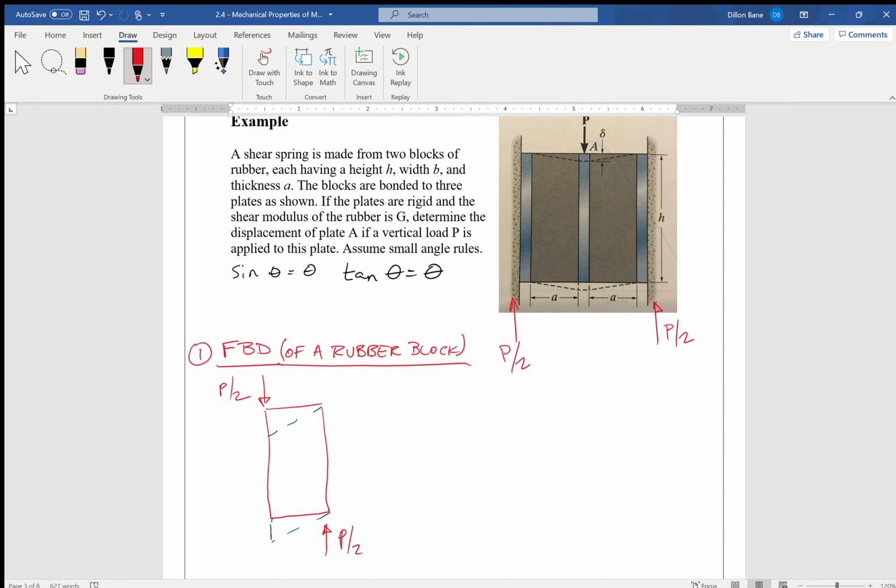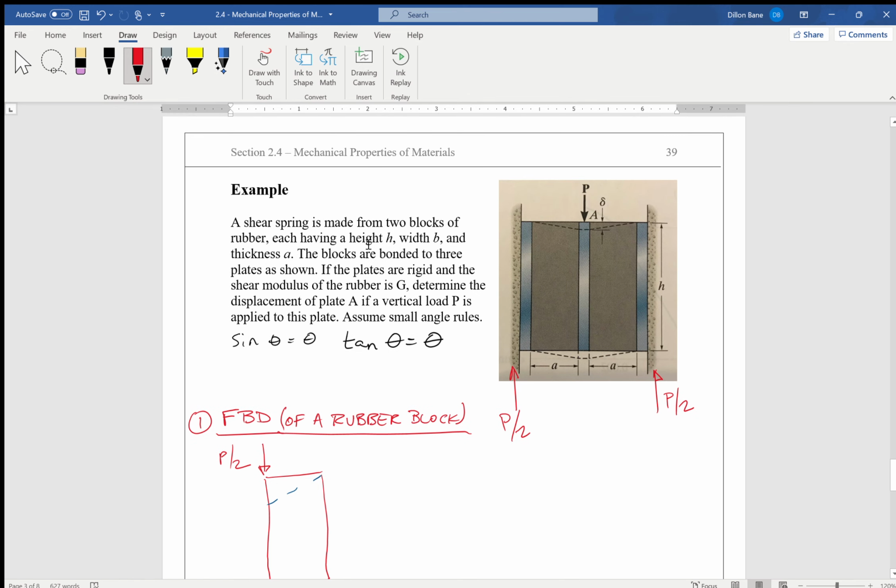You'll notice that the forces that I drew on the rubber block are P over 2 and P over 2 and not P. When we're looking at the rubber block, this P gets applied to the metal plate, and this metal plate gets supported by each of the blocks.